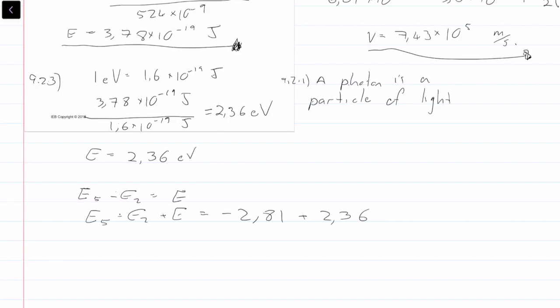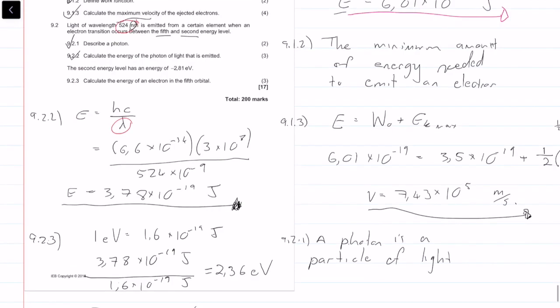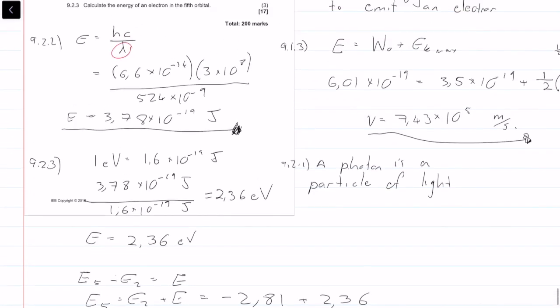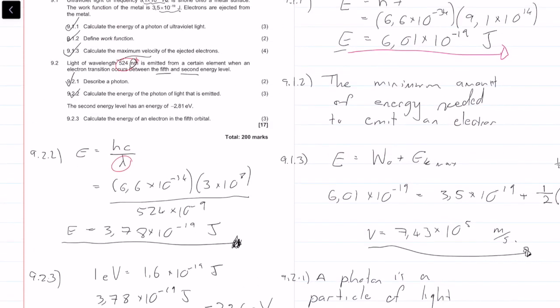Therefore E5 is equal to minus 0,45 electron volts. That's the final answer. If we wanted to, we could convert to joules again, but we're going to leave that answer in electron volts because we've been given everything in terms of electron volts.